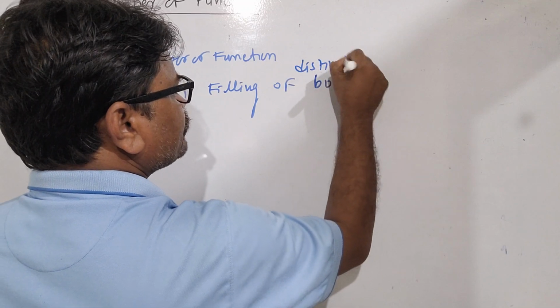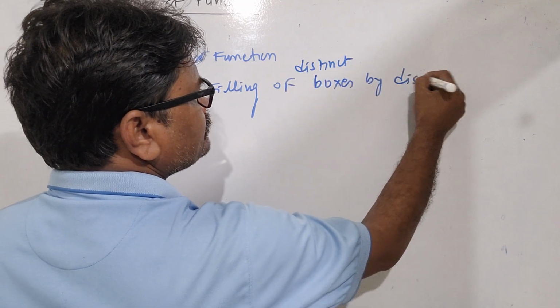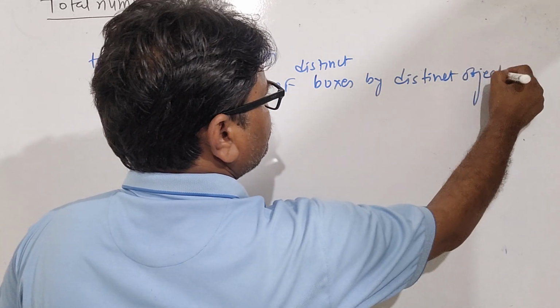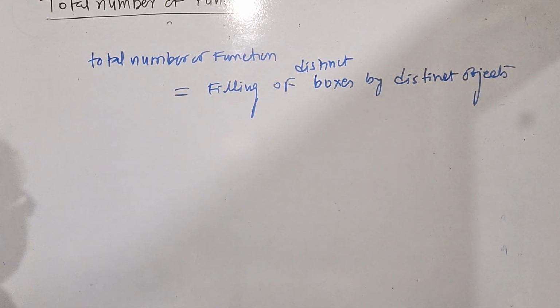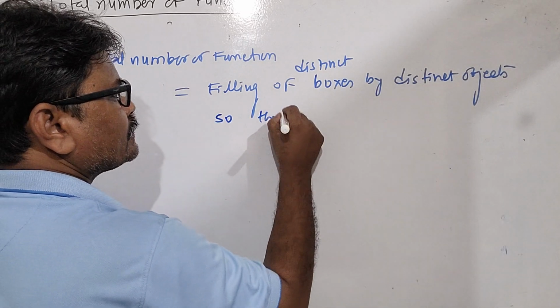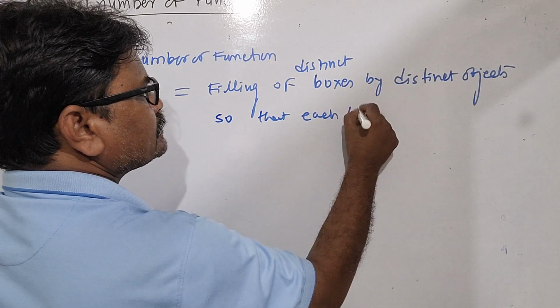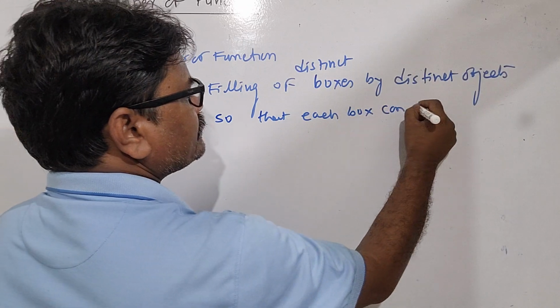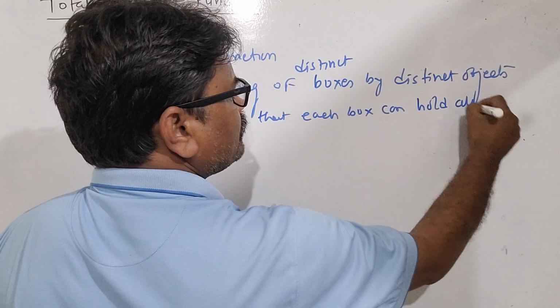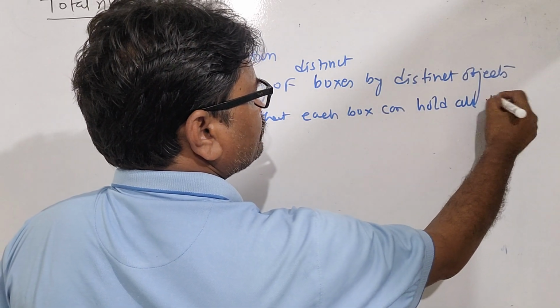That word is very important. Distinct boxes by distinct objects. The number of ways of filling distinct boxes by distinct objects so that each box can hold all objects.